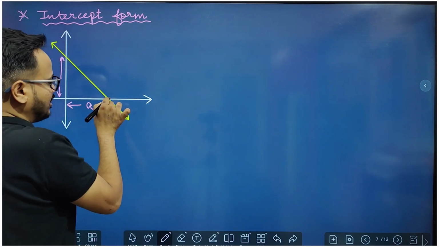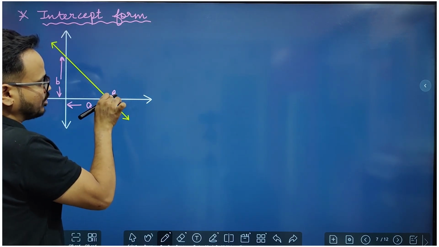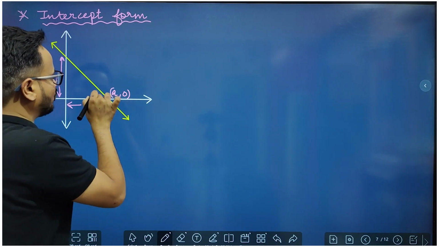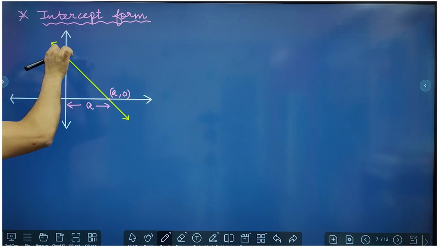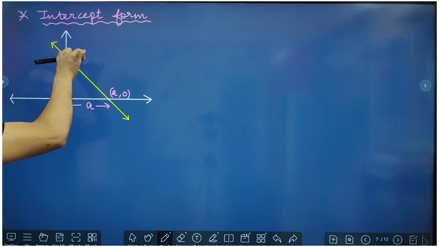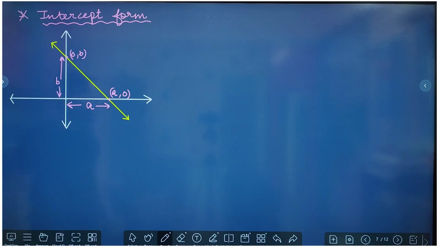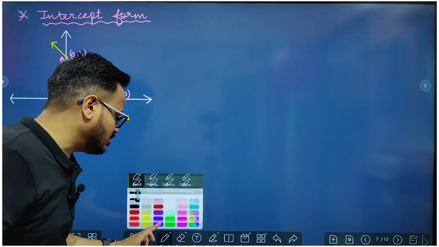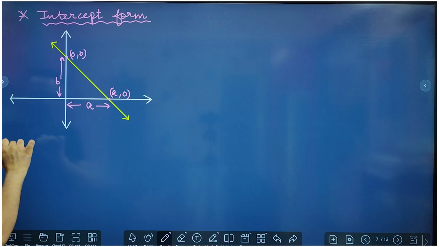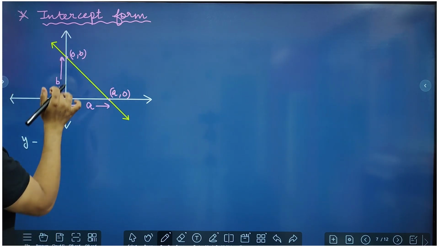If this length is A, then obviously this point is A comma 0. If this length is B, then this point is 0 comma B, right? So now we know the 2 points on the line. We can use the 2-point form. Let us say this is x1 y1, this is x2 y2.